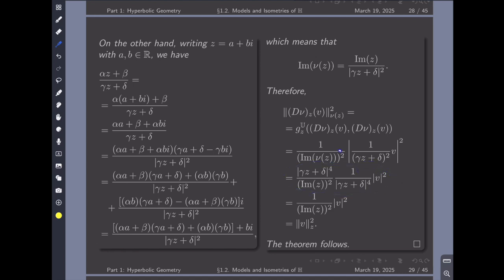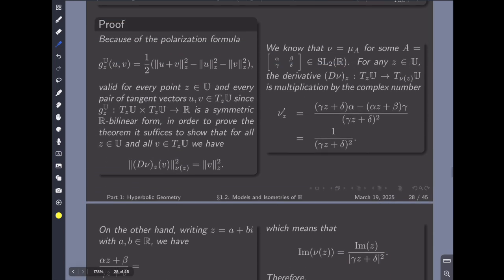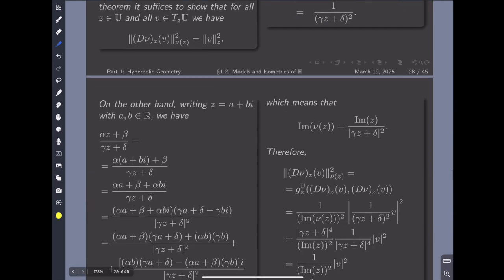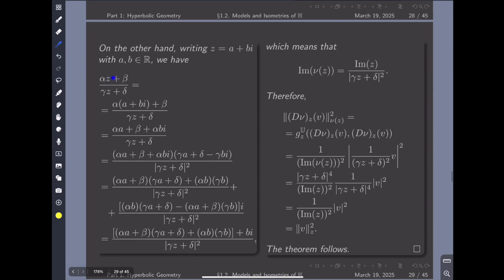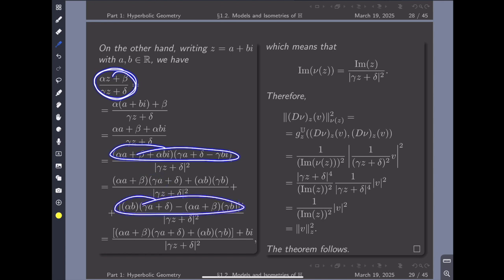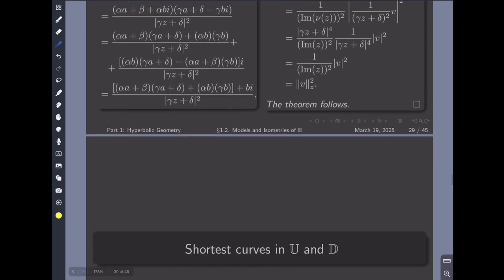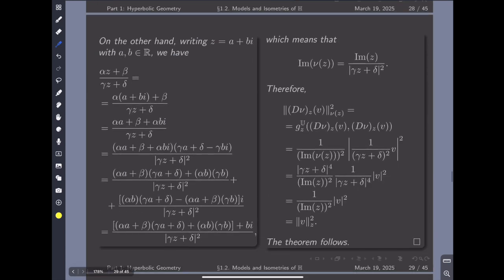Here, replace the imaginary part with this, and then do the obvious manipulation to arrive at the desired conclusion. So it's not hard. It's just computing the derivative, which is quite easy. It's just the quotient rule, and then some explicit computations of multiplications of complex numbers, and that's it. And this was a very short section.